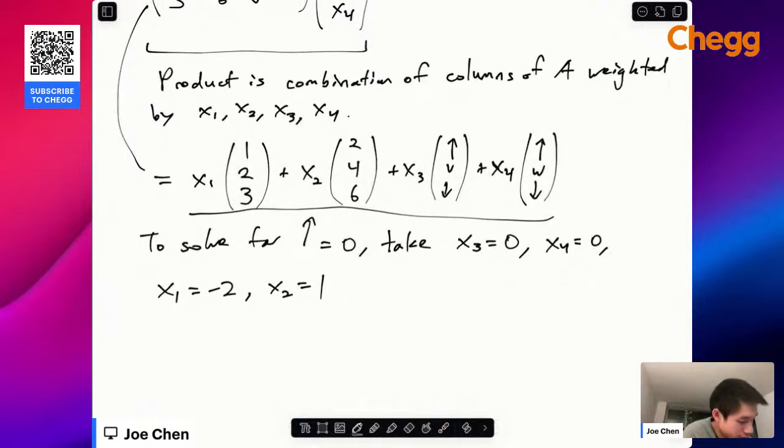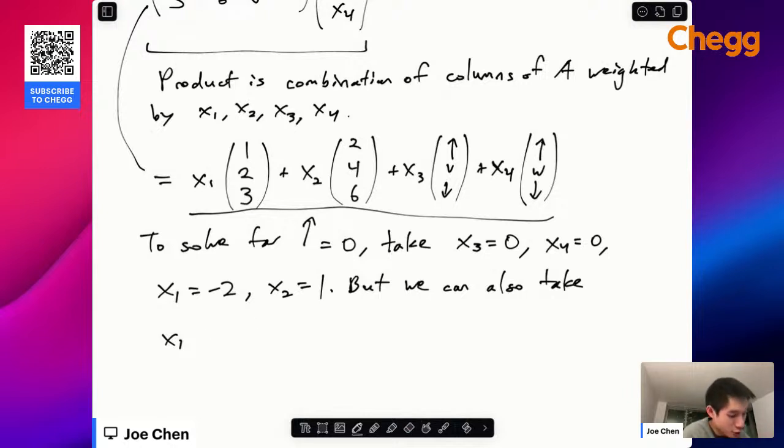So in particular, we can also take x2 or x1 to be, let me write it like this.